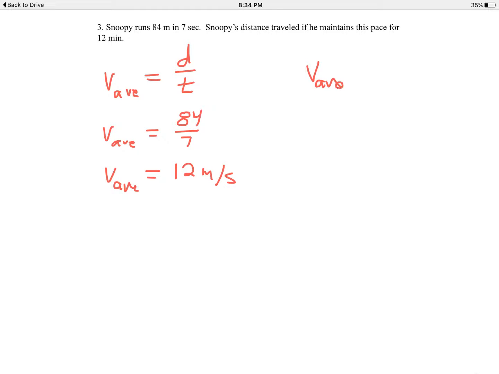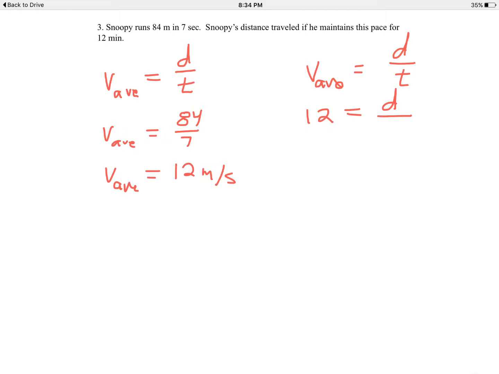V average is the distance over time. If he maintains that speed, in other words 12 meters per second, what distance does he travel if the time is 12 minutes? But be careful here, 12 minutes, we want seconds. So we have to convert that into seconds.